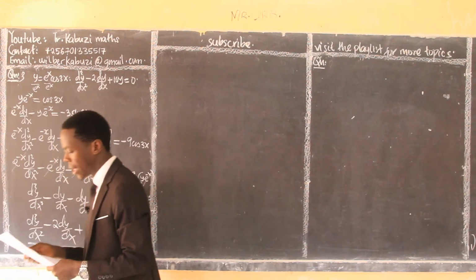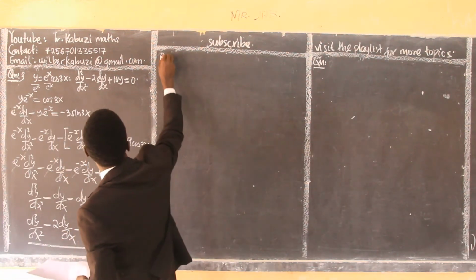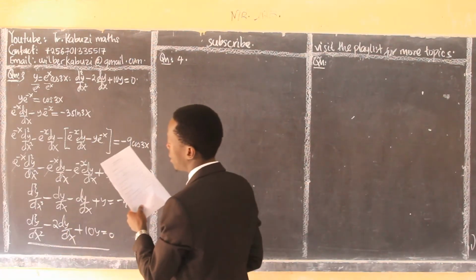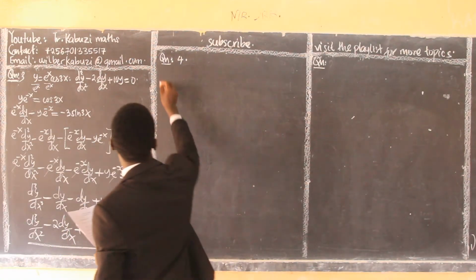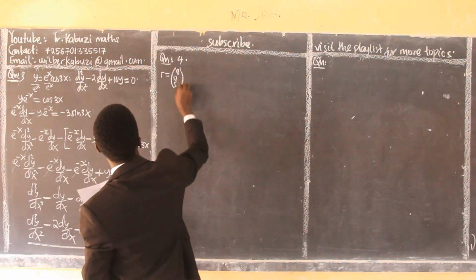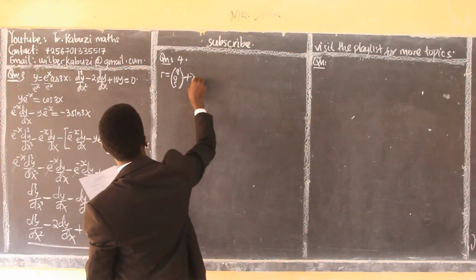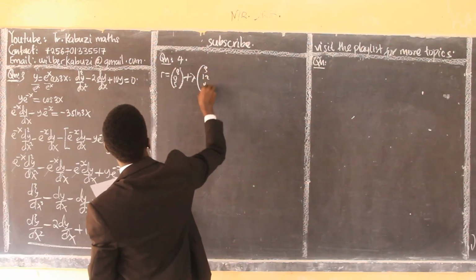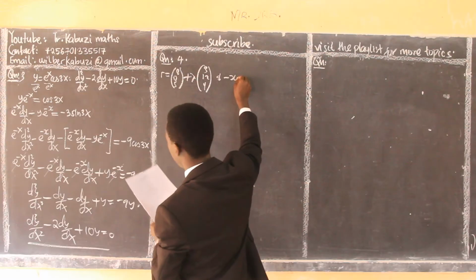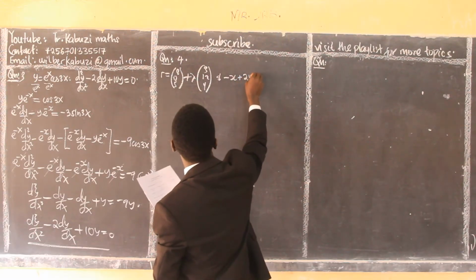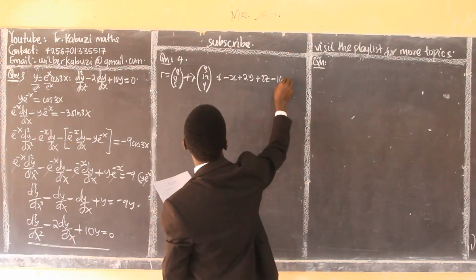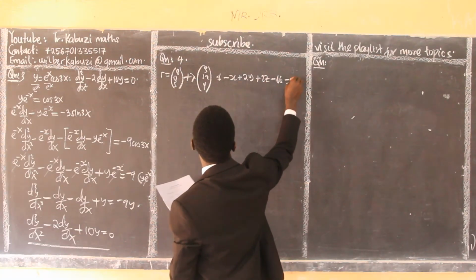When we come to question 4, they told us to find the angle between the line and the plane. They gave us this line, r equals (2, 0, 5) plus lambda times (3, 12, 4), and the plane, negative x plus 2y plus 2z minus 6 equals 0.